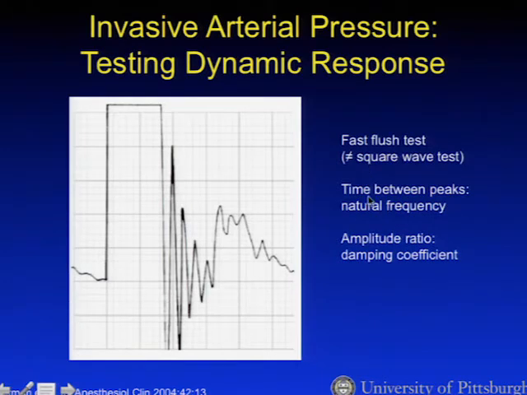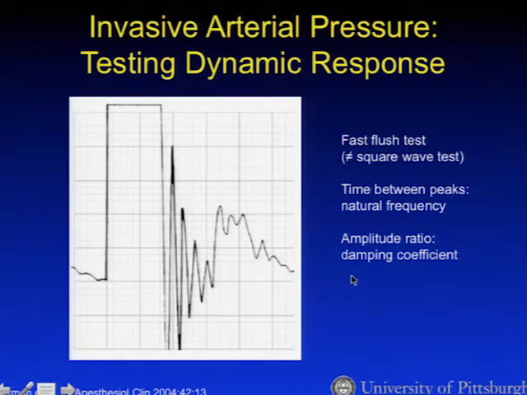This is not the same thing as a square wave test. The natural frequency of the monitoring system is a function of the time between these peaks, and the damping coefficient is related to the ratio of the amplitude of these oscillations.